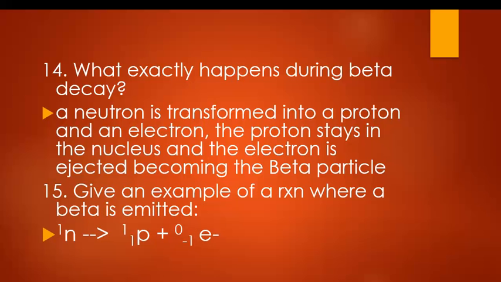So, a neutron containing one proton plus neutron and no protons becomes a proton. This still stays one because even though a neutron has become a proton, it's still protons plus neutrons, so it doesn't really change. But now you have a proton.